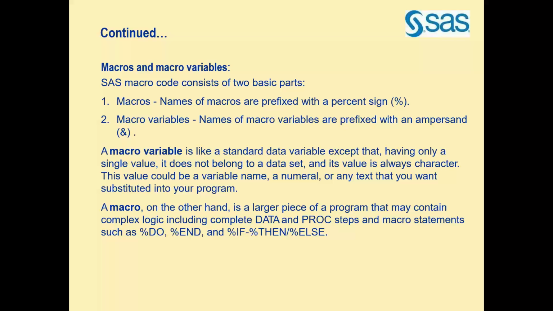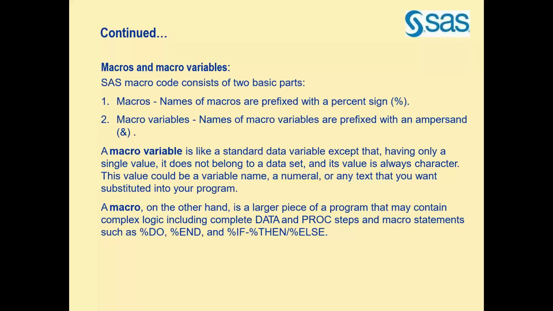So if I have to write a macro program, we always prefix it with a percent symbol when we have to call it. And the names of macro variables are prefixed with the ampersand symbol. So how do you know which is a macro program and which is a macro variable? We call a program with the percent symbol and we call a macro variable with the ampersand symbol.